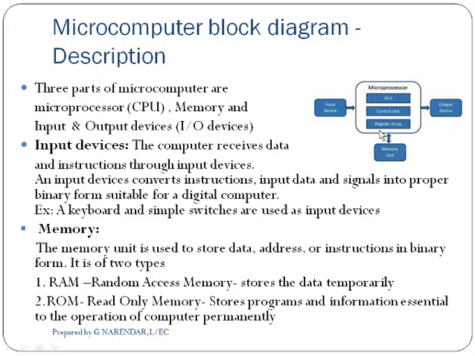Once the microprocessor is ready to process, it takes the data and instruction from the memory unit, processes the data according to the instruction, and gets the result. The result is stored temporarily in the register array, and when it is ready, it is given to the output device. The output device may either print the result, display the result, or store the result. So this is how a microcomputer functions.